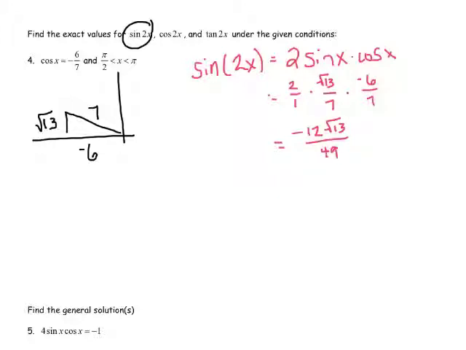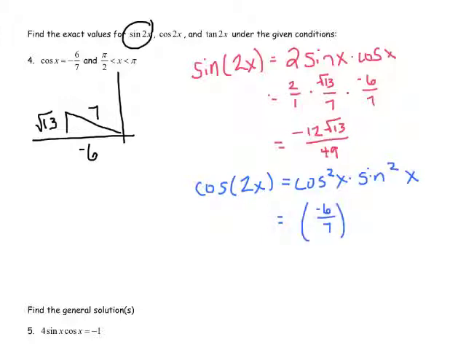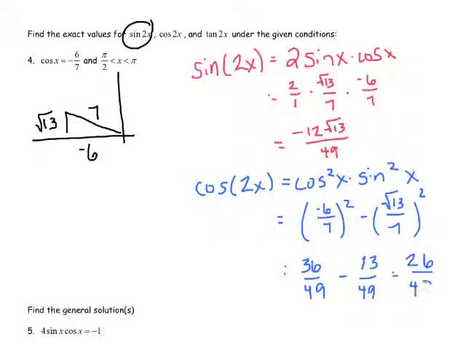All right, cosine of 2x, I explained when we did this that the best option for you to use is cosine squared x minus sine squared, and that's because it's going to get you a common denominator immediately. So that's negative 6 over 7 squared minus root 13 over 7 squared, which is 36 over 49 minus 13 over 49, which is 23 over 49.